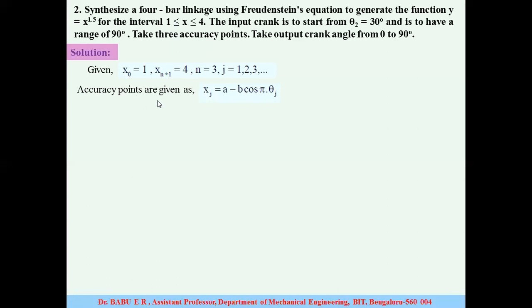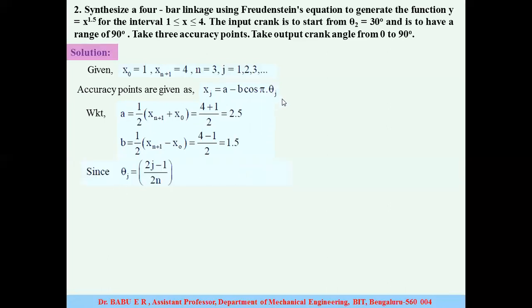The accuracy points according to Chebyshev spacing are given as xj equals a minus b cos of pi theta j. The value of a is half times x of n plus 1 plus x naught, where x of n plus 1 is 4 and x naught is 1. So 4 plus 1 divided by 2 gives 2.5. Similarly, b is half times x of n plus 1 minus x naught, which is 4 minus 1 divided by 2, so we get 1.5.